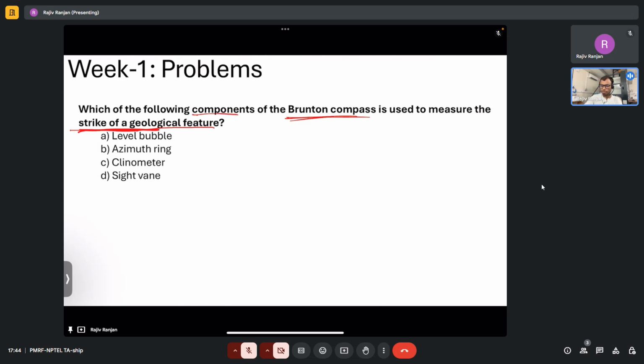Remember, this is asking components of a Brunton compass. It's not some instrument, it's a component. Option A is level bubble. Option B is azimuth ring. Option C is clinometer. Option D is a side pin.